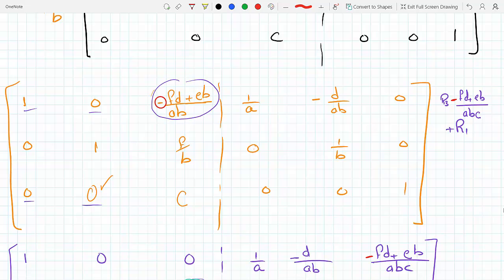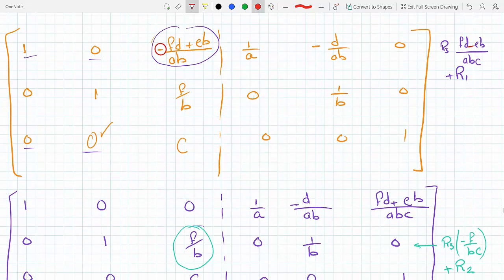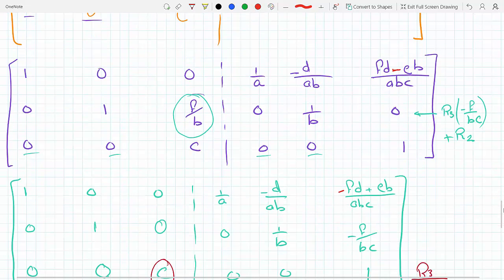No, wait, it's supposed to be the reverse of this. So this is supposed to be minus eb here, so that it switches, so that when I add it I would get 0. Okay, so this minus sign, luckily here we didn't use this, so this is going to be a minus, and this here is a minus sign.